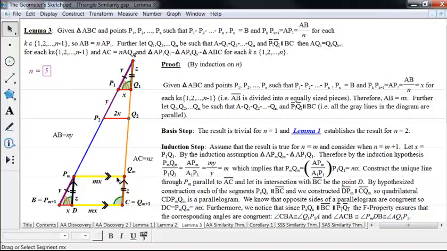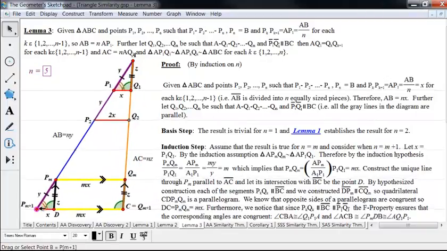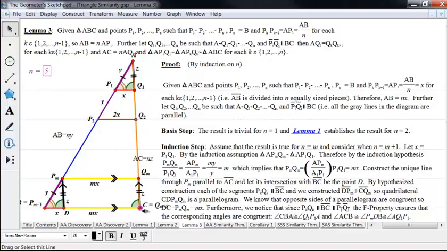We also have some parallel lines. Since this line here is parallel to this one down here at the bottom, the F property says the angle at B is congruent to this angle up here at P1. I've got it at the double mark, brown mark there. Make that a little bit bigger, maybe you can see it.